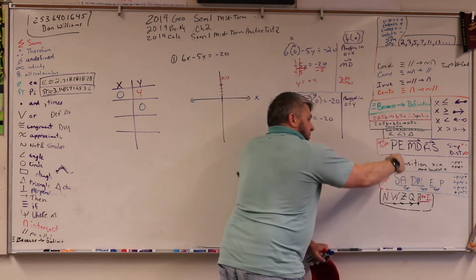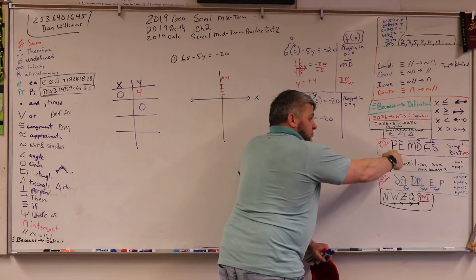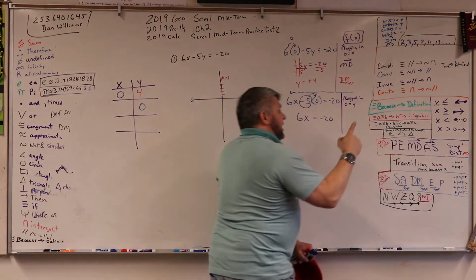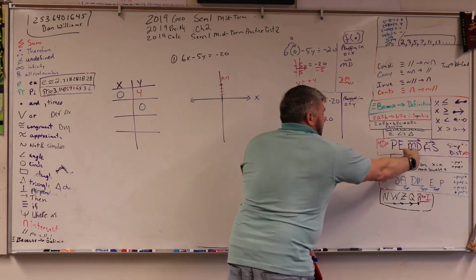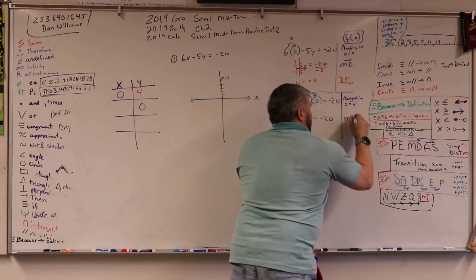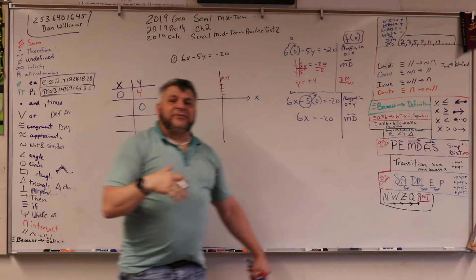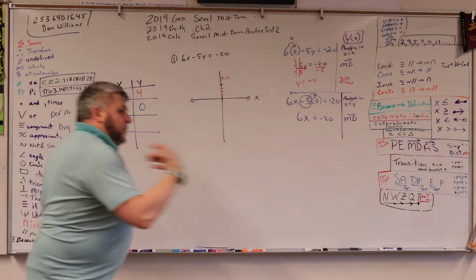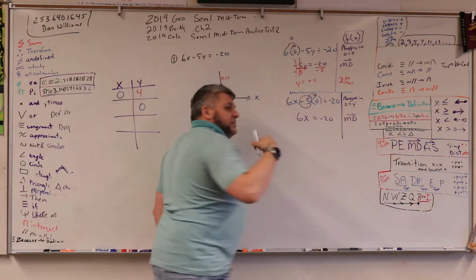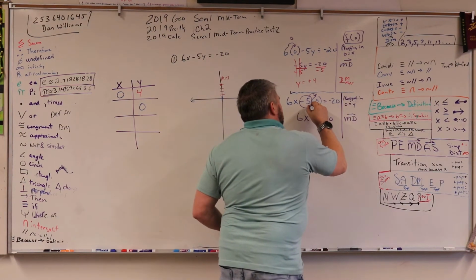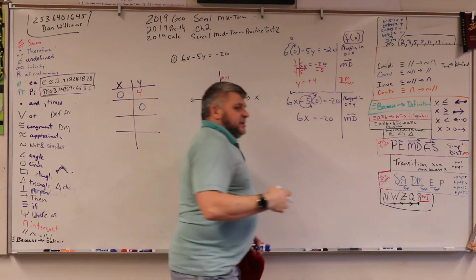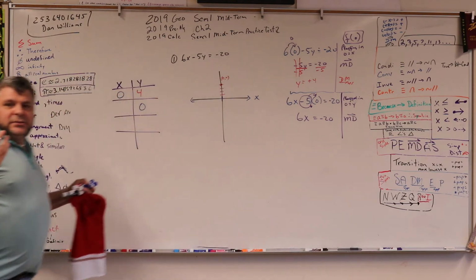PEMDAS, yeah. We multiplied, right? We just did PEMDAS. MD, we did the MD from left to right. We said negative 5 times 0 is 0, right? And because that's 0, 0 plus 6x is 6x, yeah?